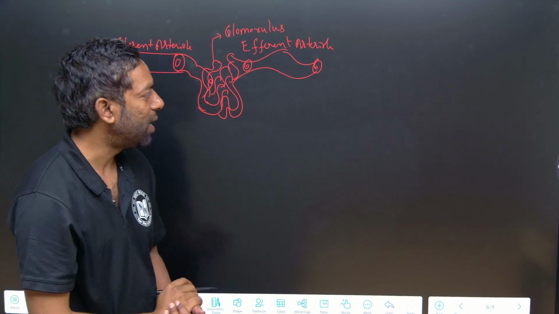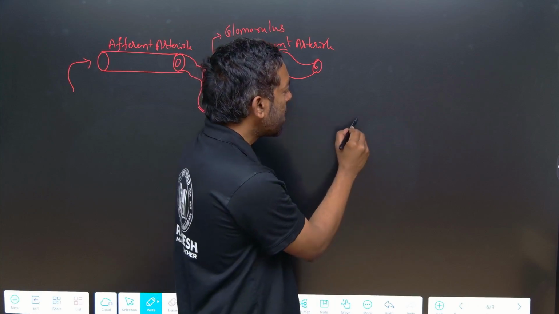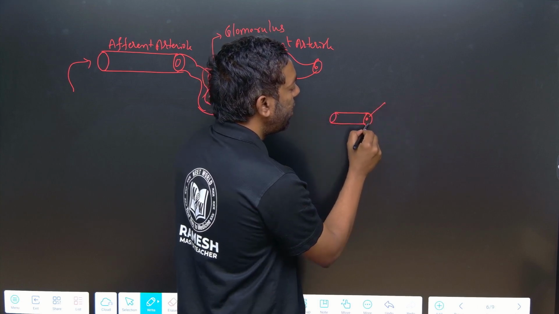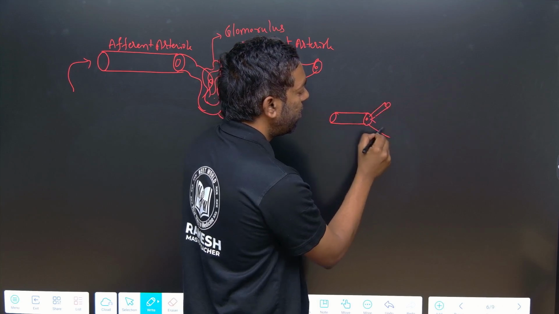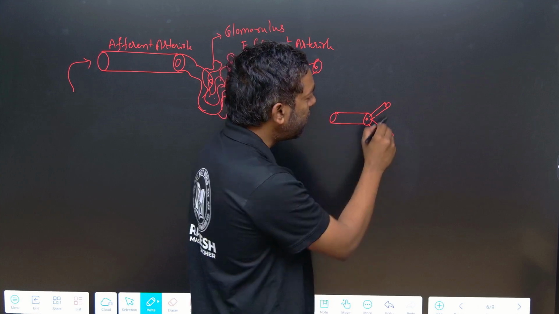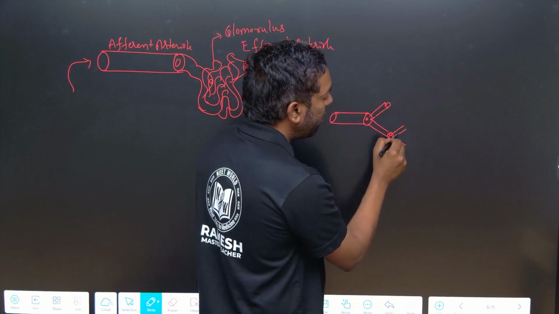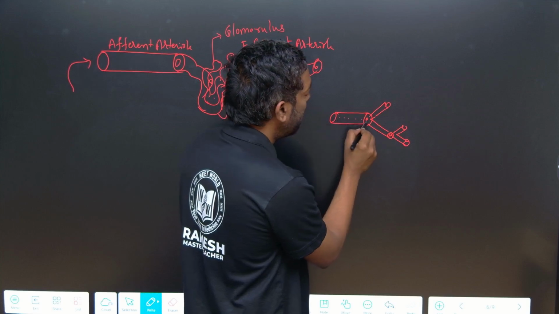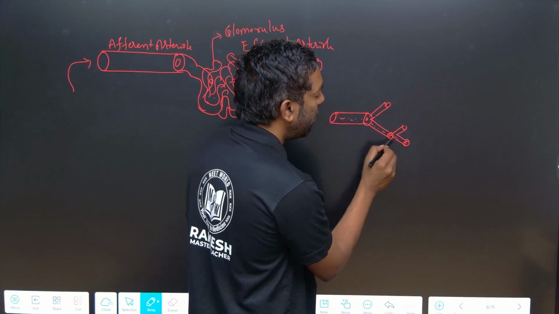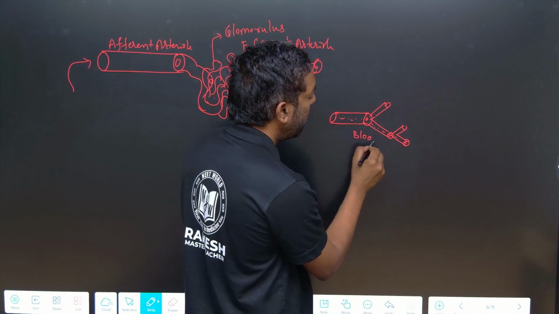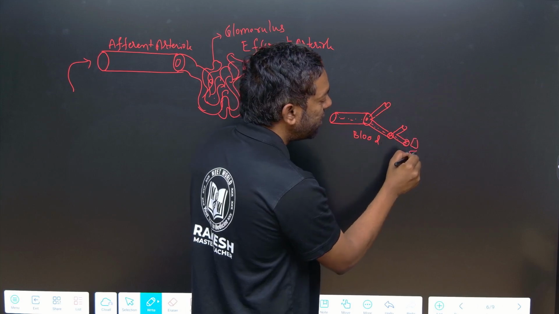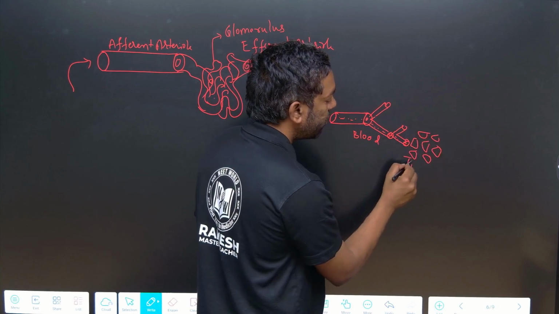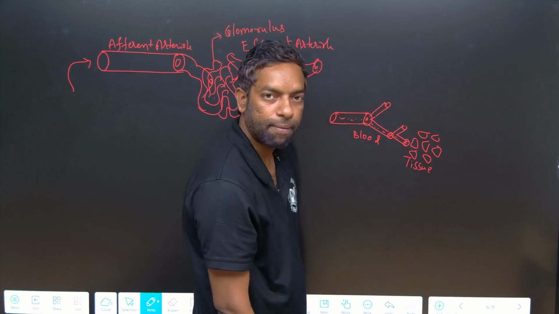There is a question, guys. If the artery divides into arterioles, and the arterioles further divide into capillaries, they carry the blood throughout this network, and the capillary finally reaches the tissue.